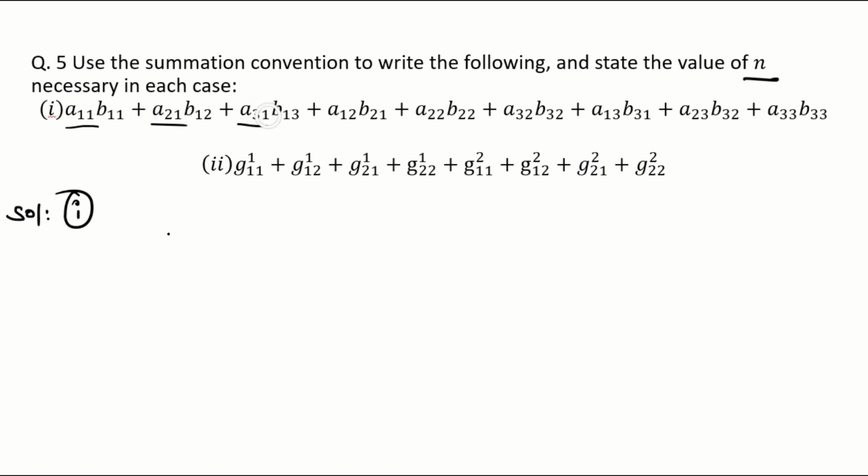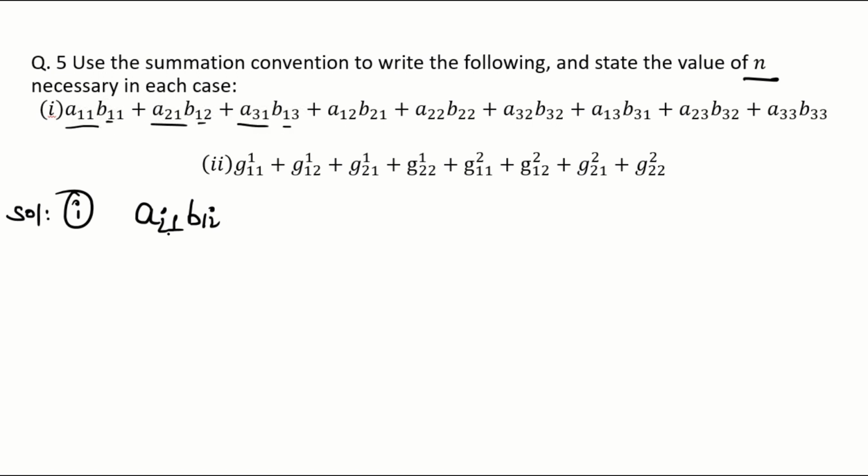In the first three terms, A's second subscript is the same, 1, so I can write 1 as the second subscript, and the first subscript is moving from 1 to 3, so let us write i. For b, 11, 12, 13 means the first subscript is the same, so I write 1, and the second subscript is varying. So I am writing ai1 b1i for the first. As you can see, i is dummy, so there will be a sum from 1 to 3, and by this expression you will get these first three terms.